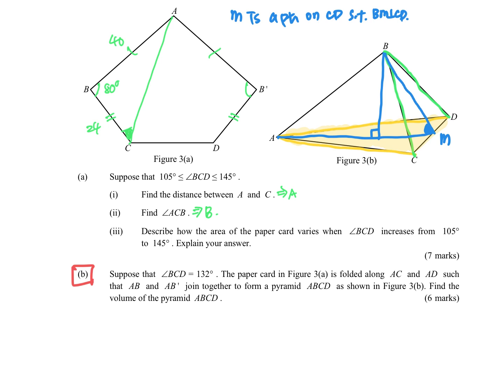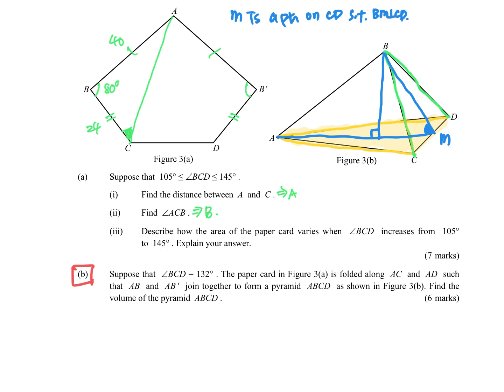At the same time, since triangle ACD and triangle BCD are isosceles, if BM is perpendicular to CD, then AM is also perpendicular to CD. And then we try to find BM and also AM.